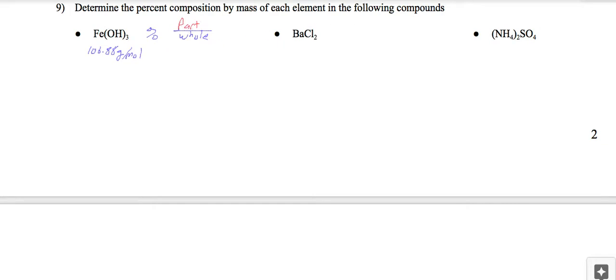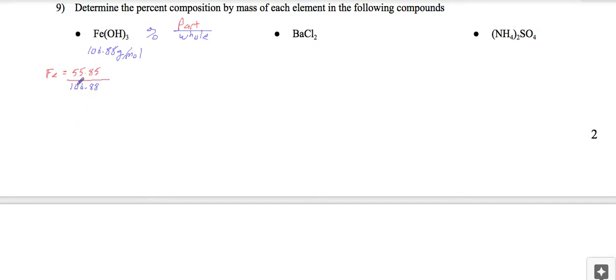Now we have the part, which is going to be our iron, 55.85, divided by the whole, 106.88.